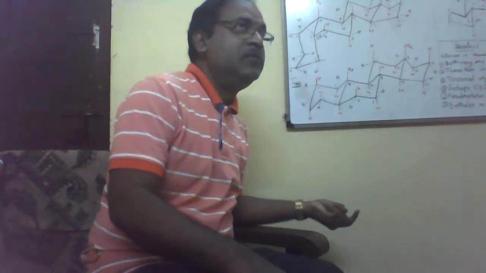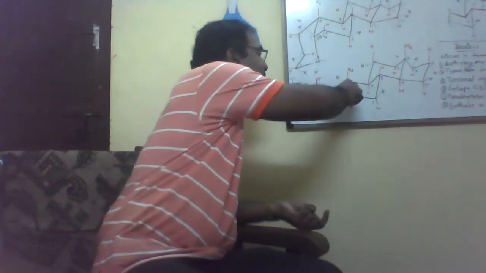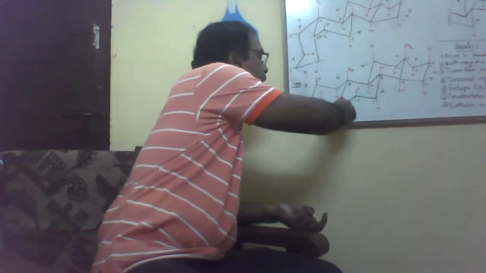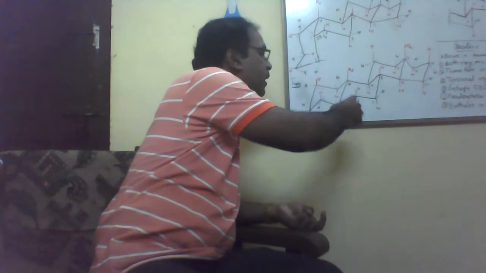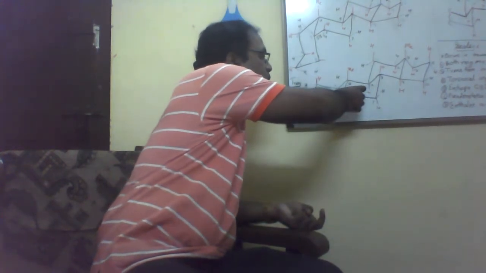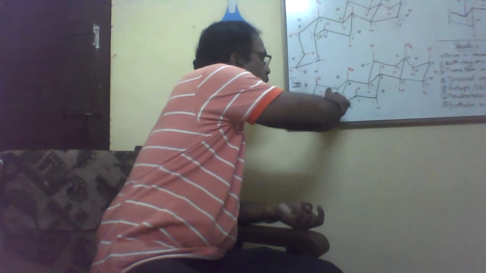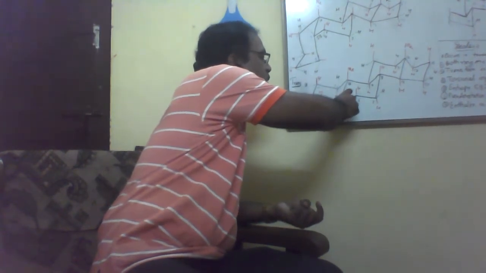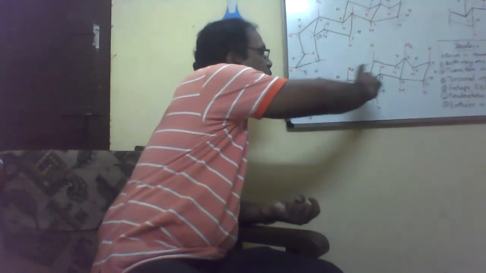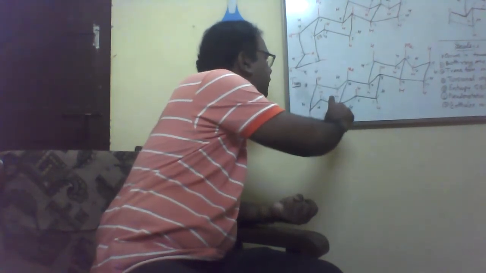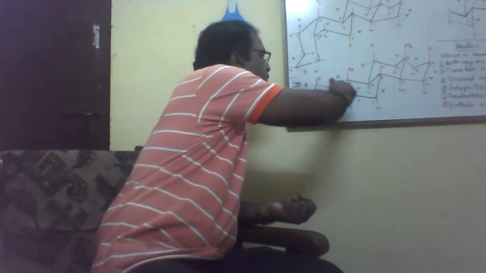Axial bond fusion is not possible, because this ring is attached here, and it would break the second ring, the B ring. Hence only one type of conformation is there, and that is equatorial bond fusion in the whole molecule. As I said, with equatorial bond fusion there is no flexibility.